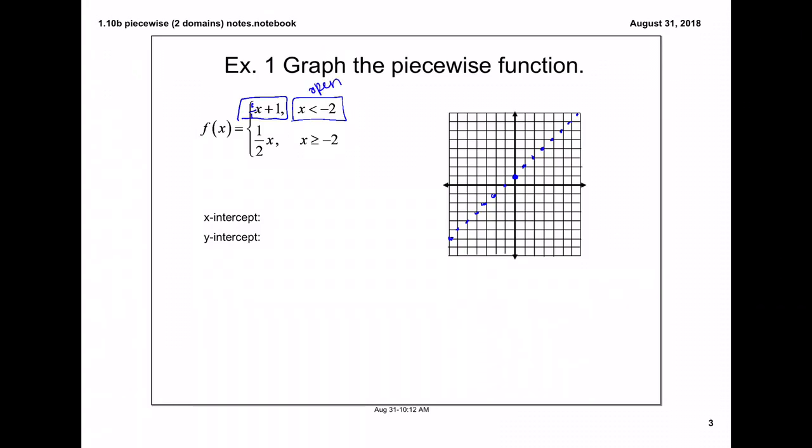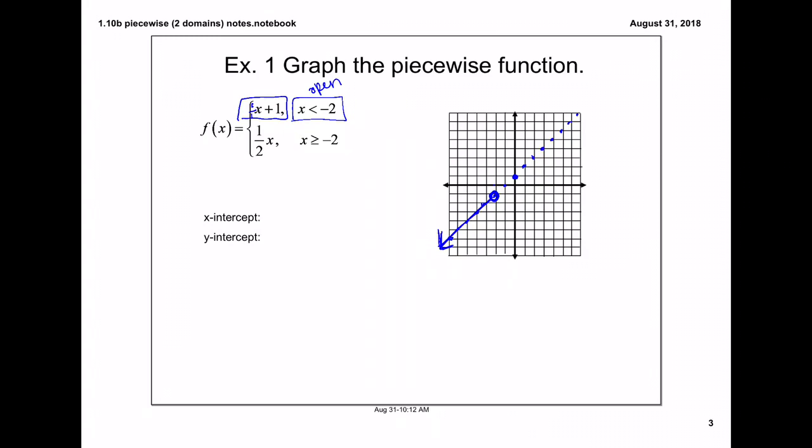Notice that it's just a less than, so where x equals negative 2, find that on our line and make sure we put an open dot. We then want all the values less than negative 2, so that's going to be everything to our left.